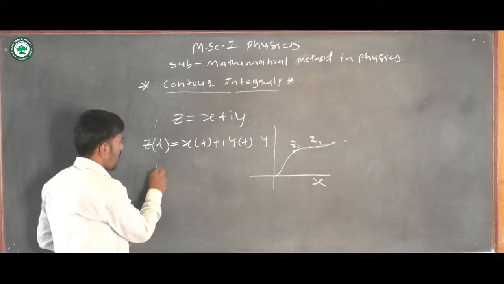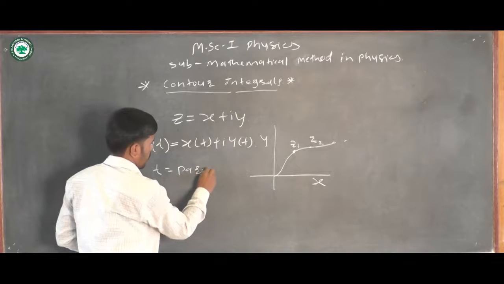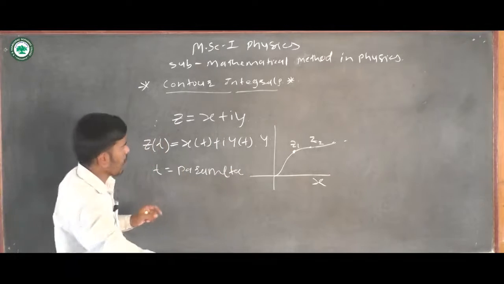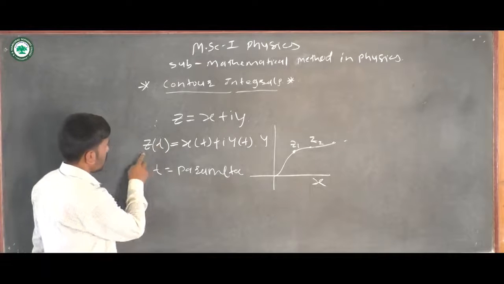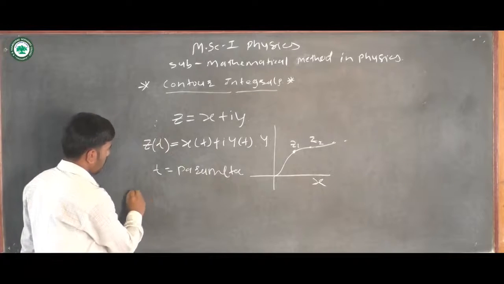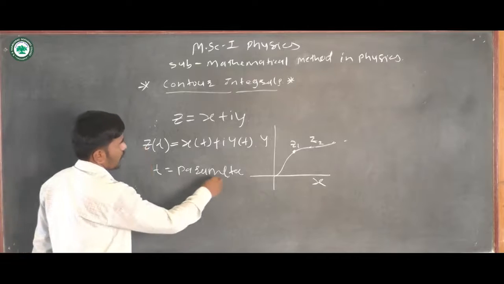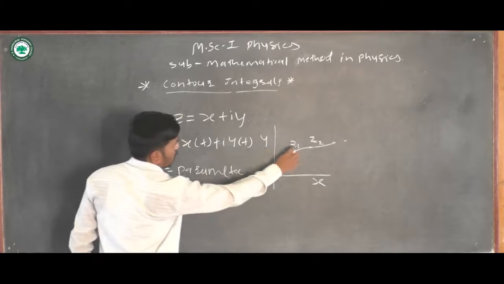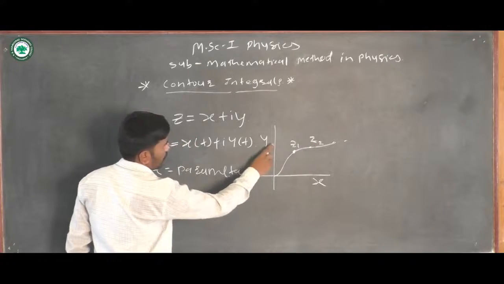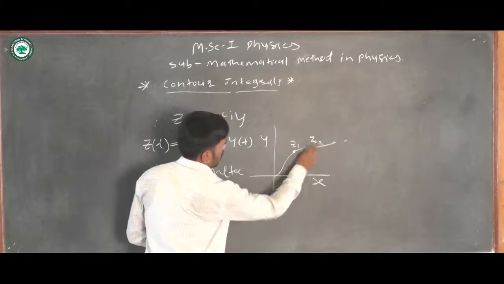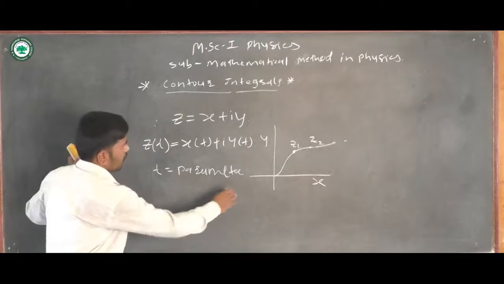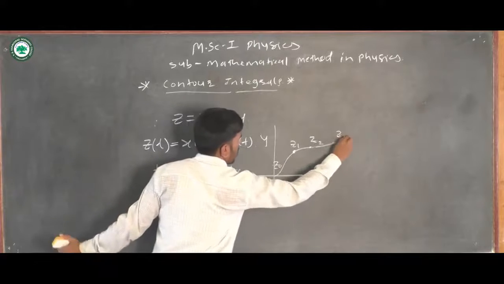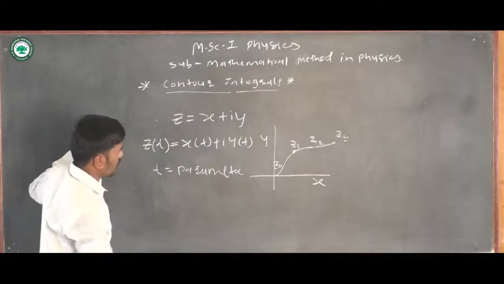That is, t is one parameter. If we integrate the function along this line, where z1 is a function of t and z2 is a function of t, from the point z0 to zn, this is the interval, or limit.